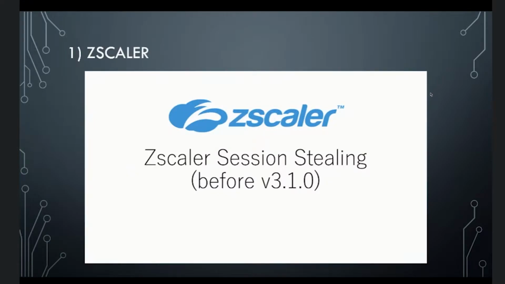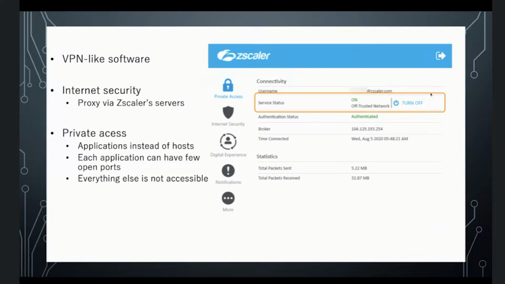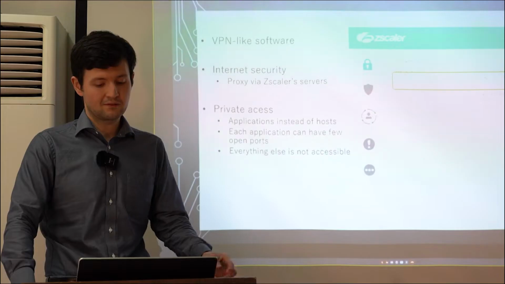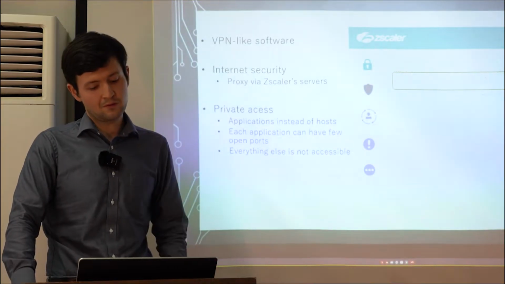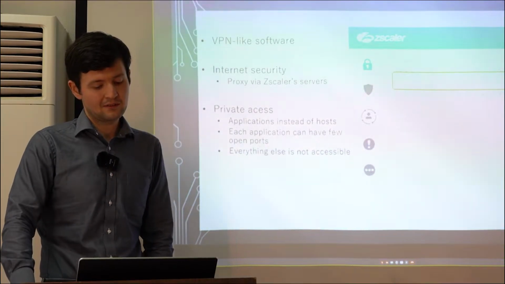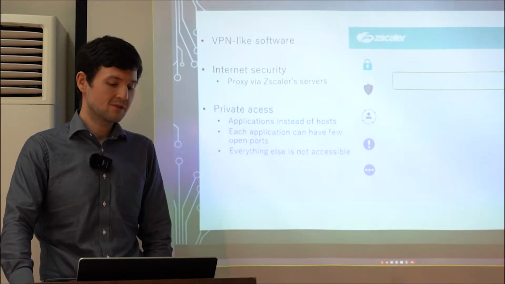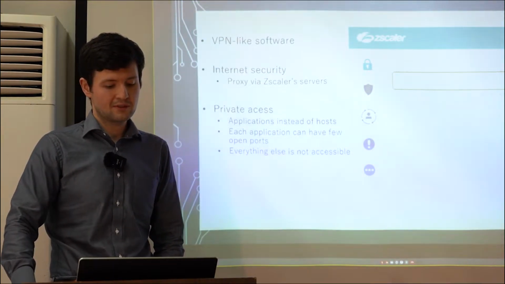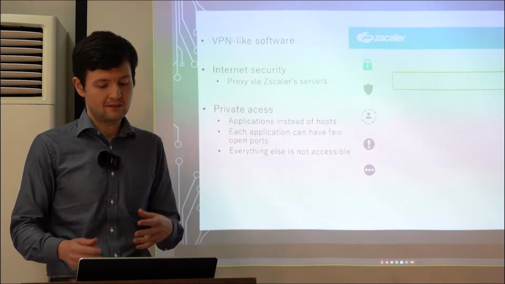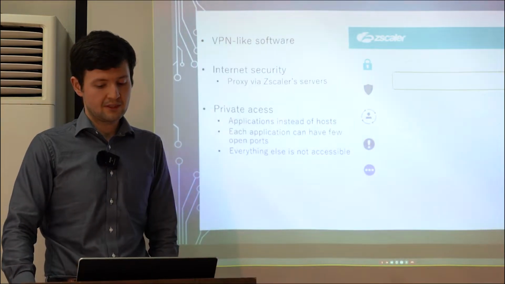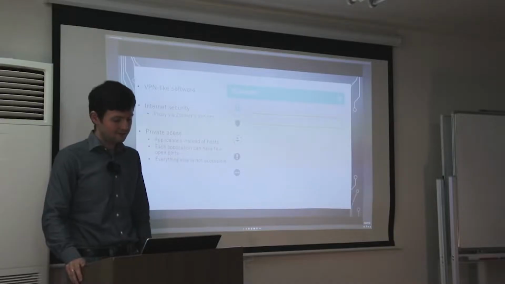Yeah. So let me start with ZSCALER. ZSCALER is a very, very interesting and modern solution for VPN, or I like to say it's not a VPN solution as we know VPN solutions. It's not just creating a tunnel, it's more like a proxy.